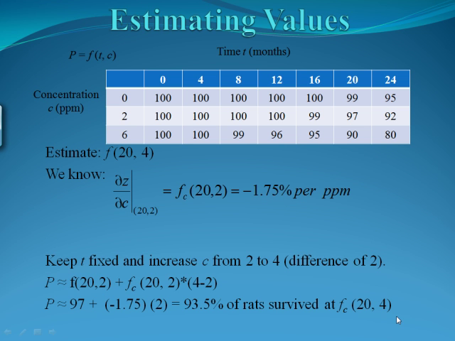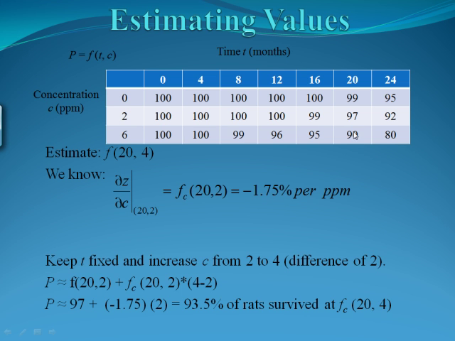Suppose we want to estimate something that's not on the table. So here, let's say we want to estimate the function value at 20 months and 4 parts per million for our concentration of mercury. Notice here that we do have a column for 20 months, so that's helpful. However, we don't have a value of 4 for the concentration.